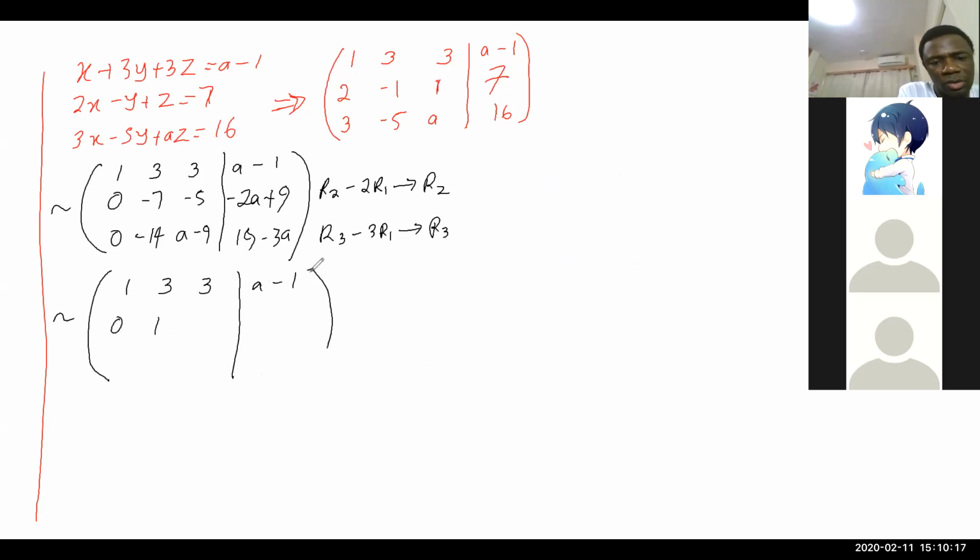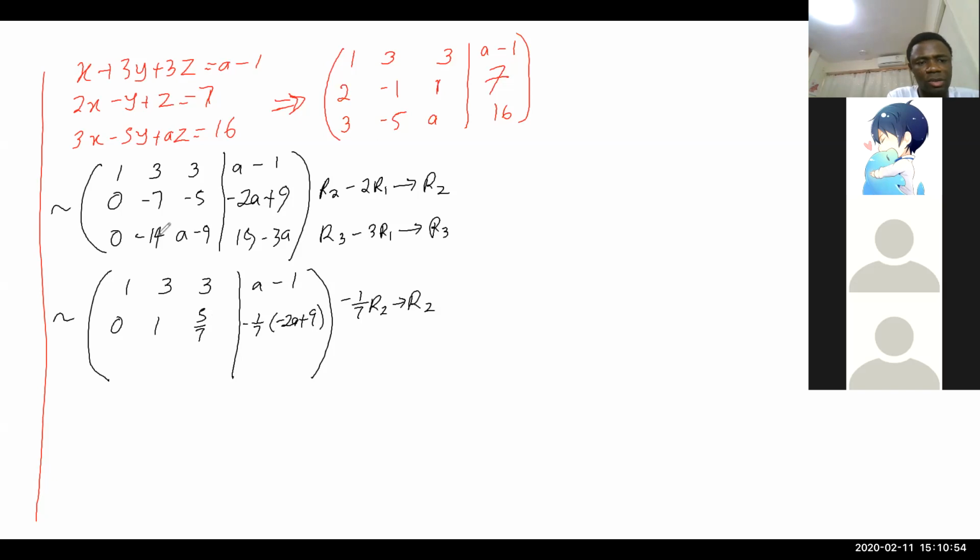So what we're going to do here is negative 1 over 7 R2 is the new R2. Okay, so that will be 5 over 7. And this will be, I'll write this as 9 minus 2a to avoid confusion, divided by, oh, there's a negative. Okay, I'll just put it as a bracket. Negative 1 over 7 bracket negative 2a plus 9. Let's confirm that.